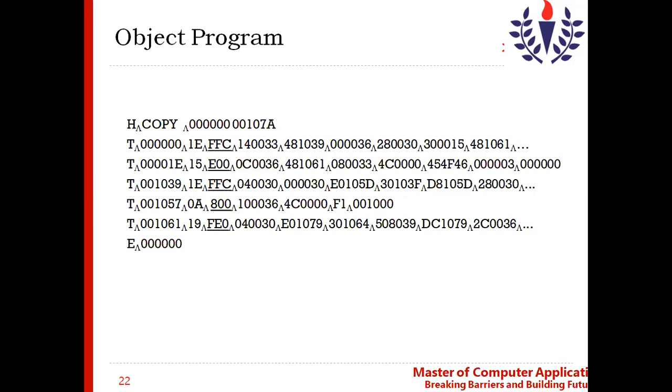The relocation bit mask will be in 3 columns. So you can see FFC. This is the value which is available in the relocation bit mask segment. So the F denotes 4 ones, that is 1, 1, 1, 1.